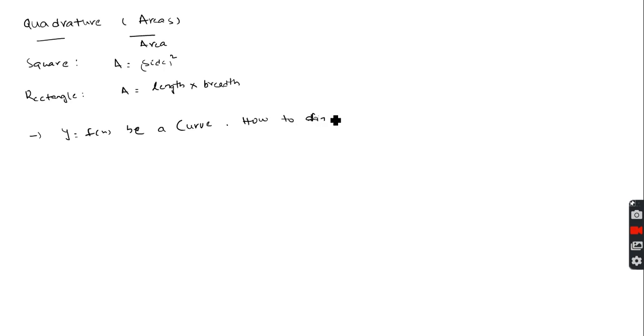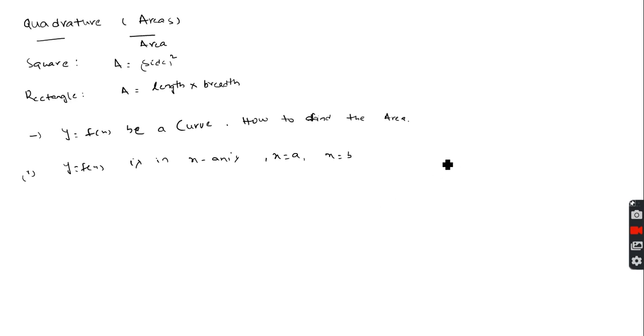Suppose there is a function y is equal to f of x in the x axis, and the limits are x is equal to a and x is equal to b.